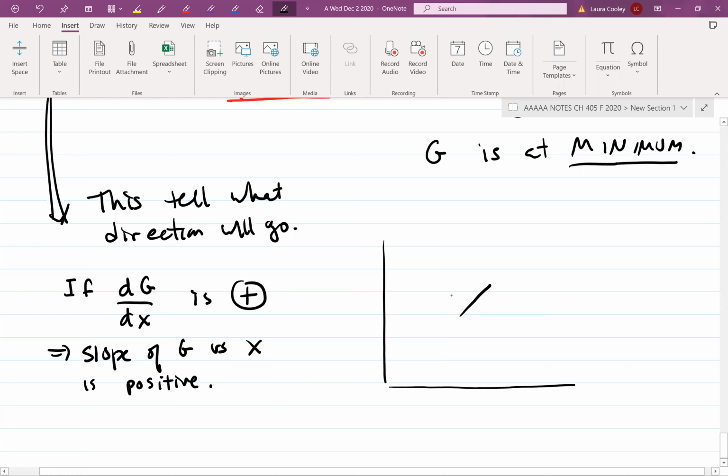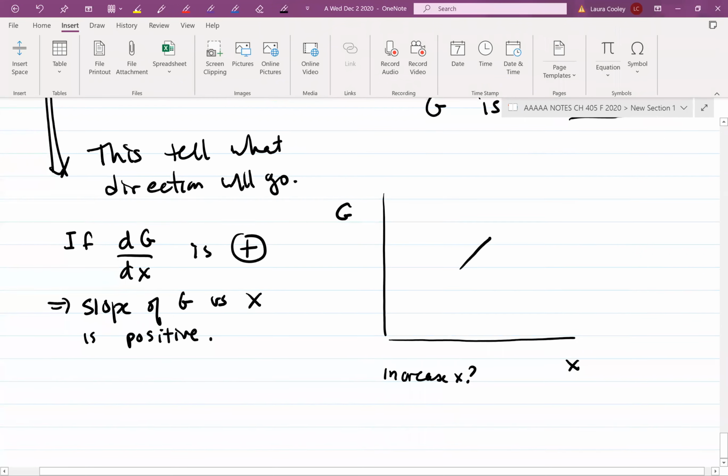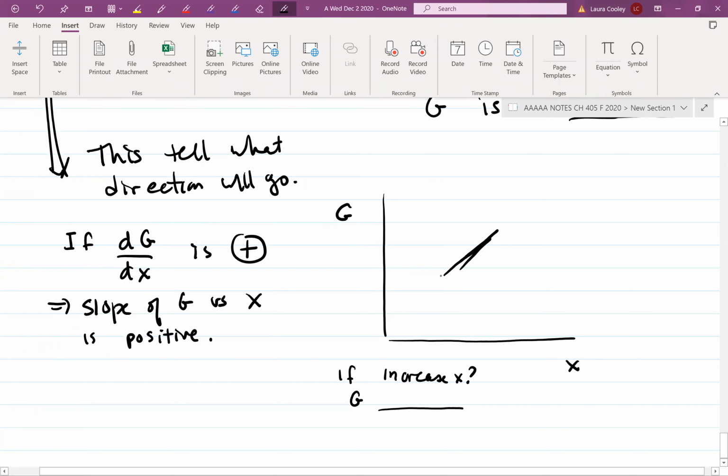And if that slope is positive for G versus X, then which way is this reaction going to go? Well, if you increase X, what's going to happen to G if the slope is positive? If you increase X, then G does what? If the slope is positive, then increasing X leads to a G that's higher.